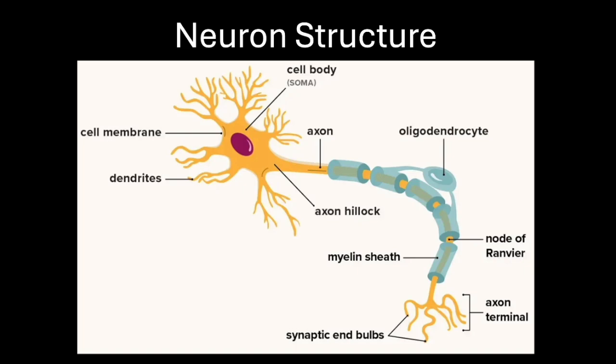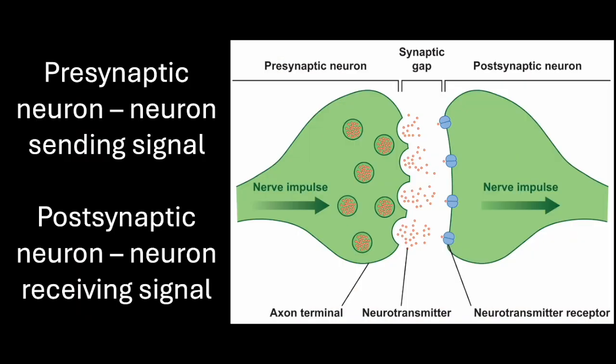At our axon terminal, we have the presynaptic neuron, and this is where the neurons send signals. So this is one neuron, this is another neuron.